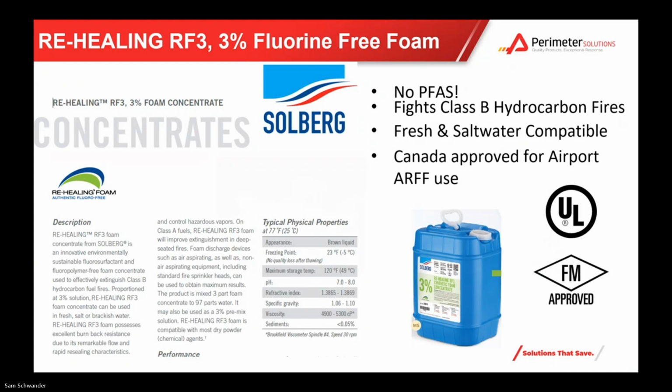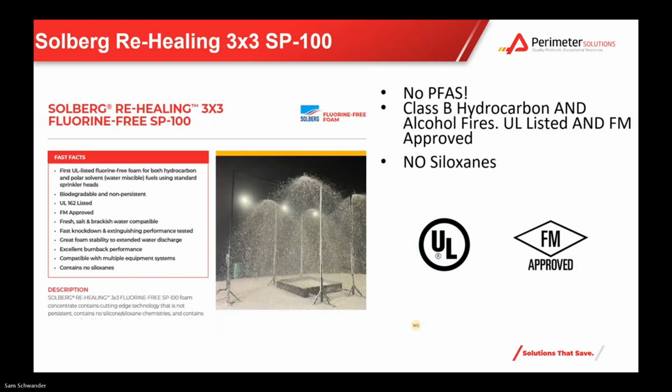But the big technology jump came with the development of our Solberg Rehealing 3x3 SP100. SP stands for sprinkler. It has no intentionally added PFAS, but this is a hydrocarbon and alcohol resistant, or polar solvent, product. So it was the first one out there to have a UL listing on polar solvent fuels through a non-aspirated sprinkler head.